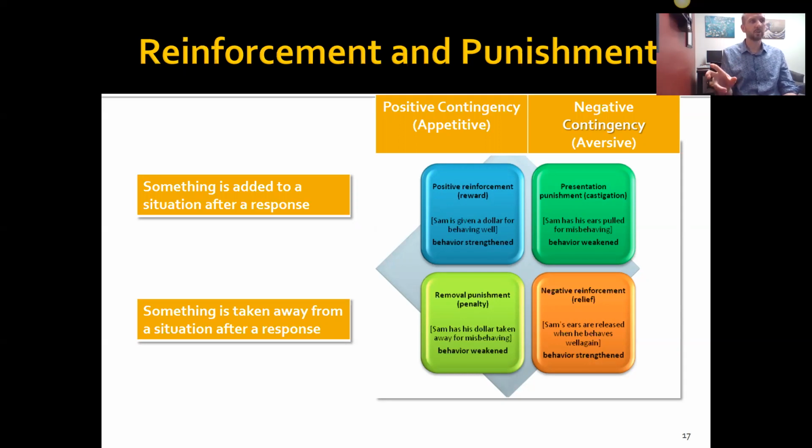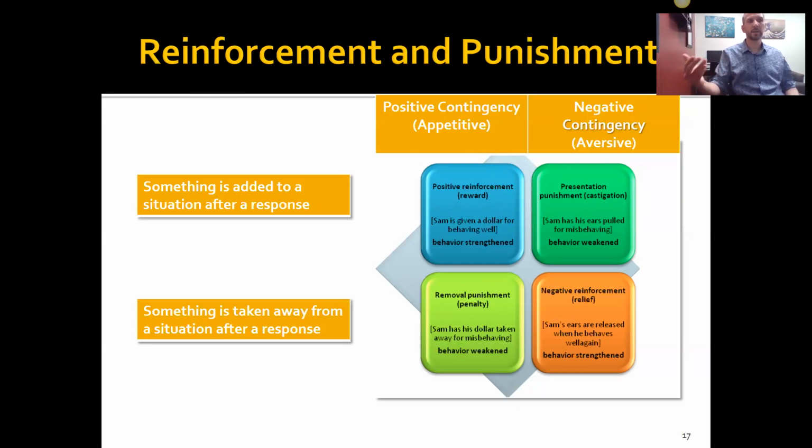But if you take away a positive contingency, you're taking away something that they like, and that's going to be negative punishment, right? They're going to be like, oh, wow, I lost my tablet. So let's say Sam has his dollar taken away for misbehaving. That's going to potentially weaken the behavior.